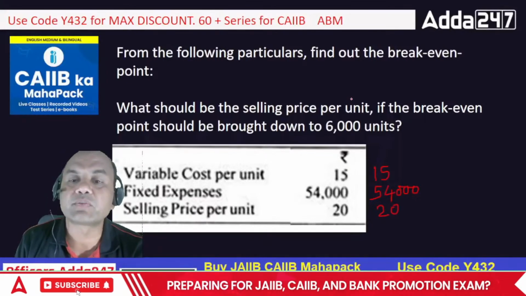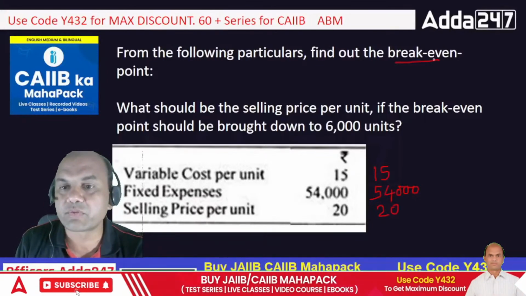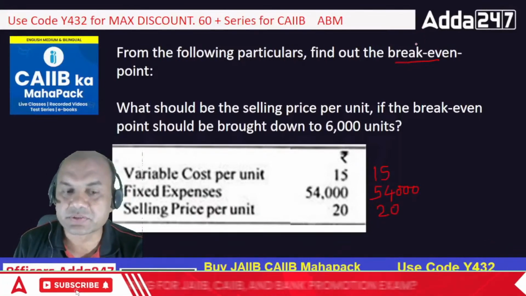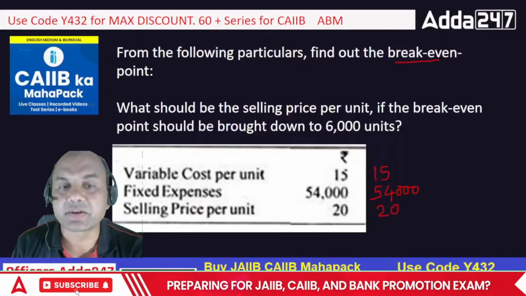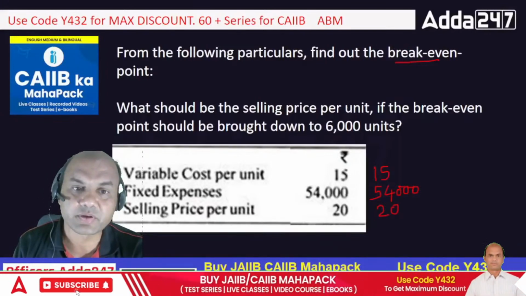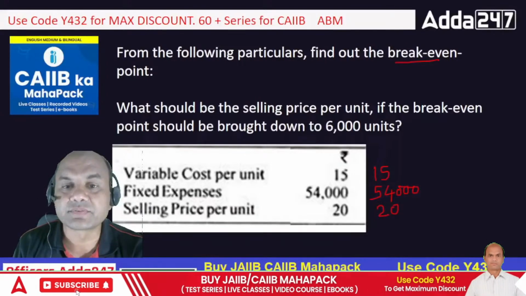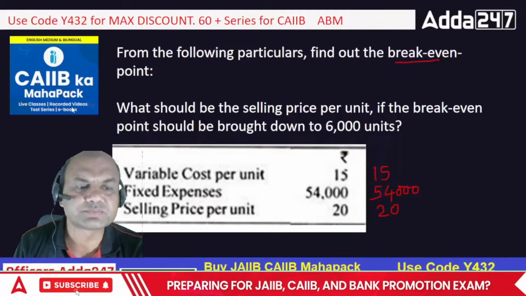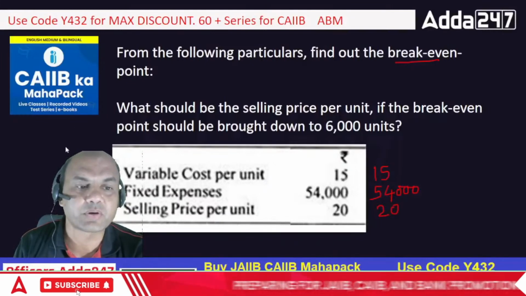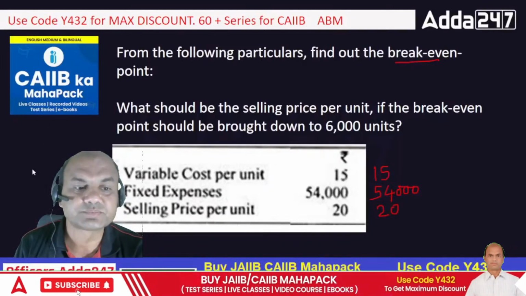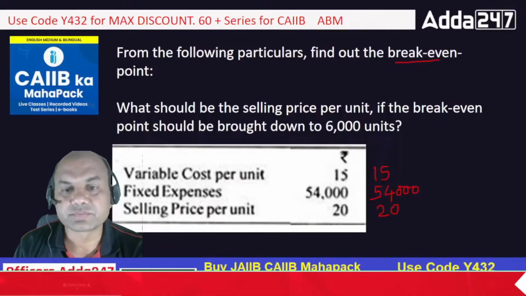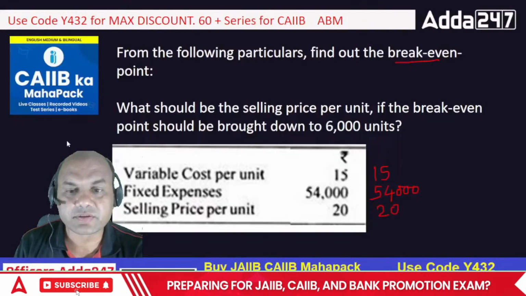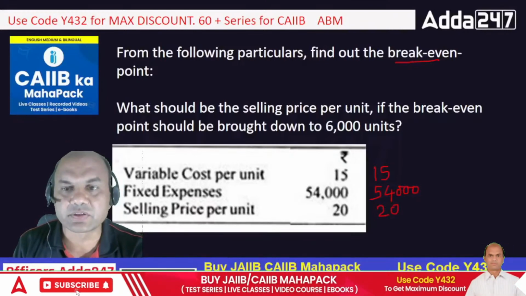So now you have to find, first problem, the break-even point. What is my BEP? BEP means no profit, no loss. So how to get the BEP in this case? Variable cost is 15, fixed expenses 54,000 and selling price 20, these three figures are given.